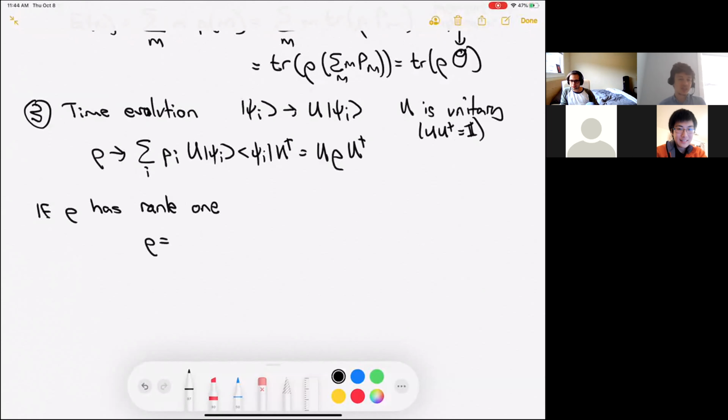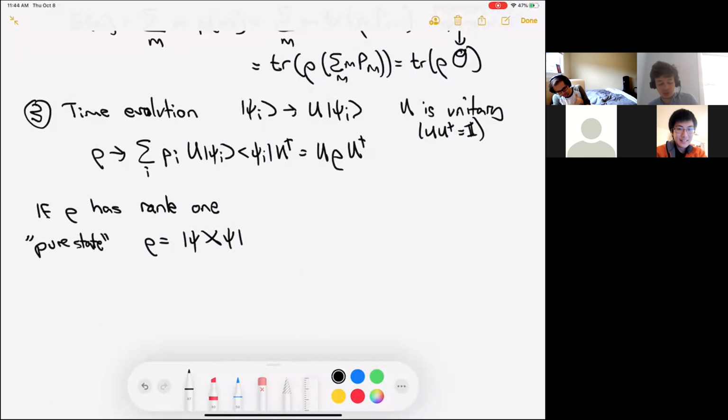So its eigenvalues have to add up to 1, but only one of the eigenvalues can be non-zero. That means it just has to be equal to ket psi, bra psi for some normalized eigenvector psi. We call this a pure state, as opposed to a mixed state.